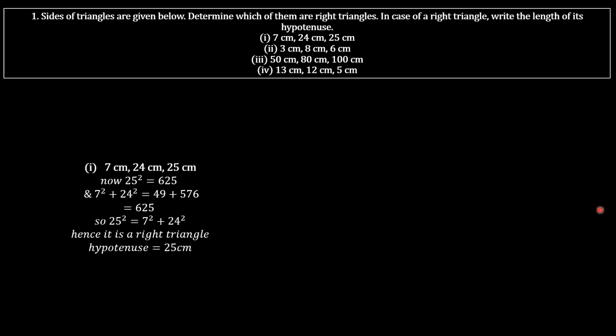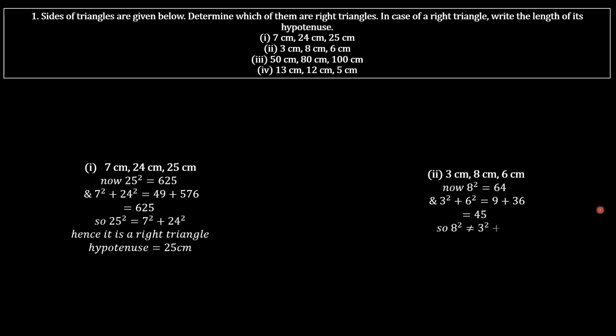We'll take one more, the second part. 3, 8 and 6 centimeter are the sides of the triangle. The longest side is 8 centimeter. We'll square it. It is 64. The other two sides are 3 centimeter and 6 centimeter. We'll square them and add them. It comes out to be 9 plus 36, that is 45.